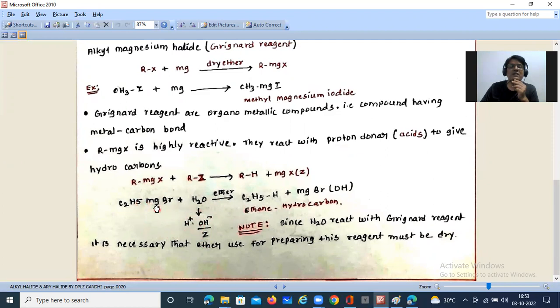The remaining OH minus nucleophile can be merged with the metal, meaning magnesium. Now, one of the notes is that since H2O can react with the Grignard reagent, the solvent used for preparing this reagent must always be what? Dry. So that's why this compound should be used.